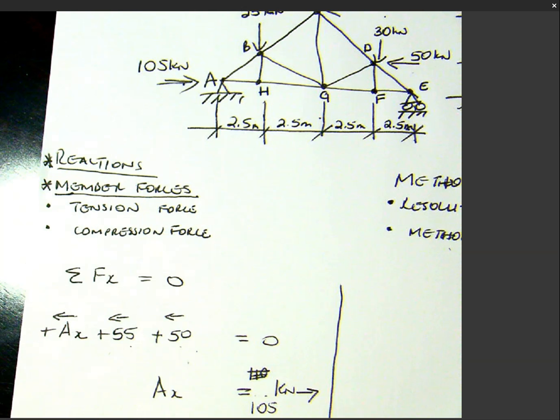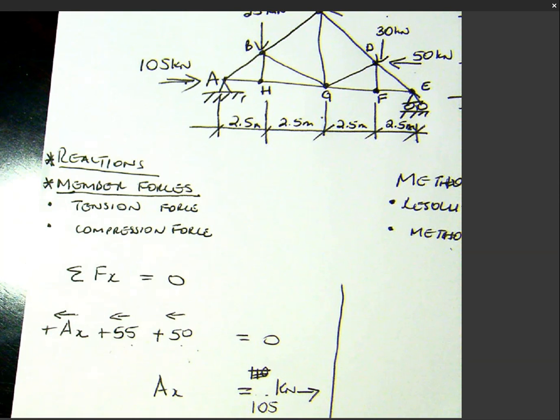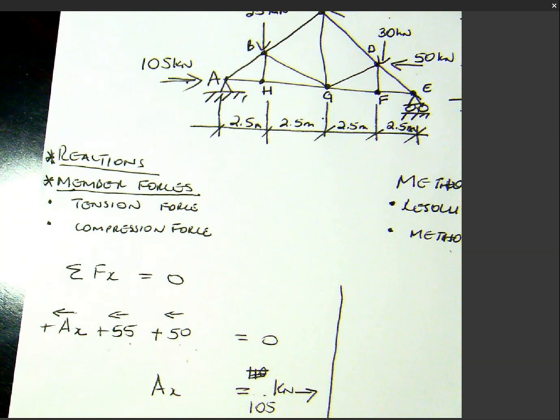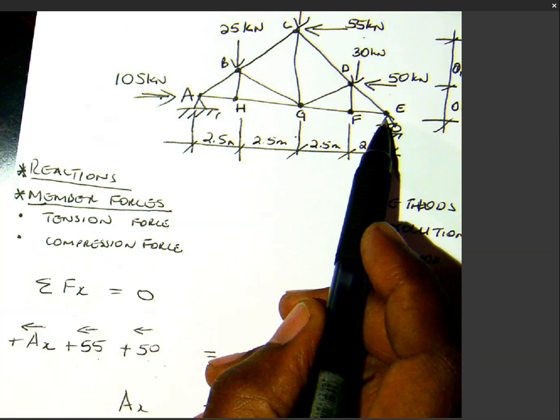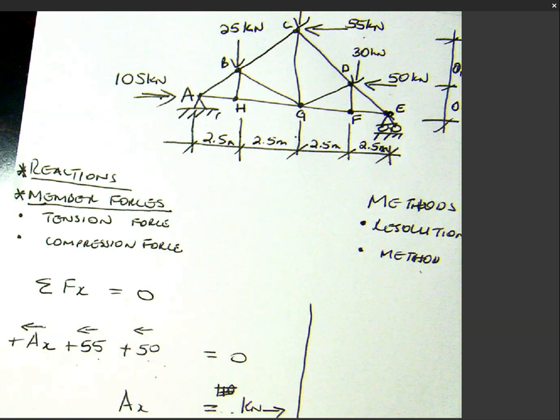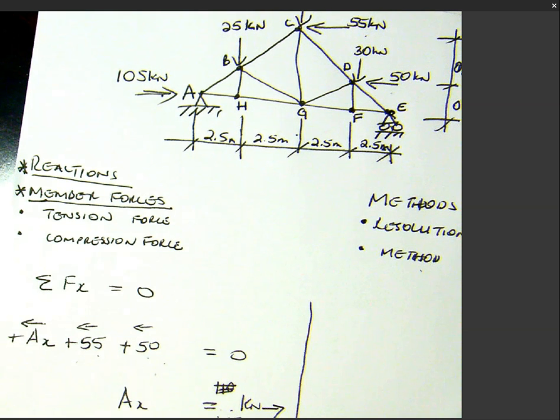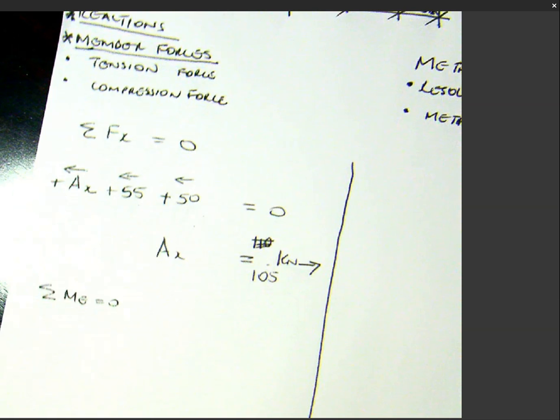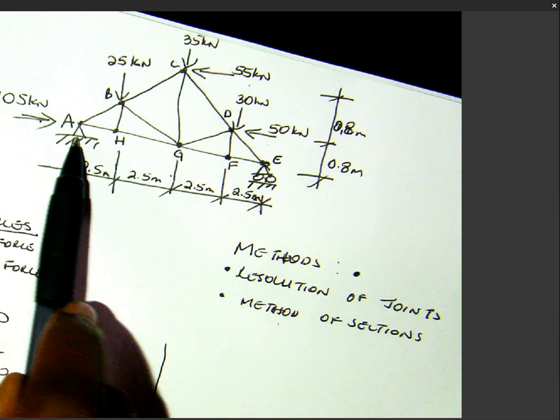Cool. Now we've got the first reaction. We still have this reaction and that reaction to solve. So I'm going to take moments about E. Sum of moments at E equal to 0. Can I use sum of verticals here? I can't, because if I use sum of verticals, I will have an equation that has two unknowns.